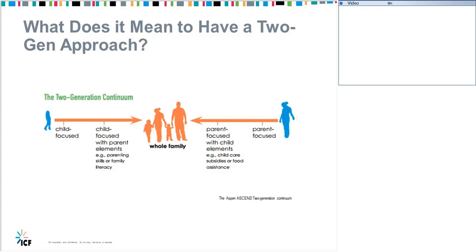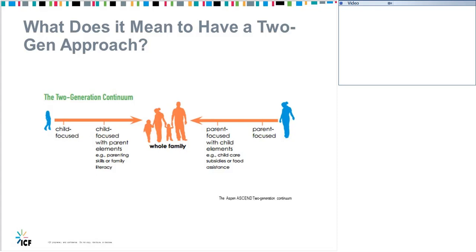How do we actually grow human capital across families? And the concept of focusing on the future occupational and self-sufficiency success of families is really what underpins the notion of coming towards a two-gen model.